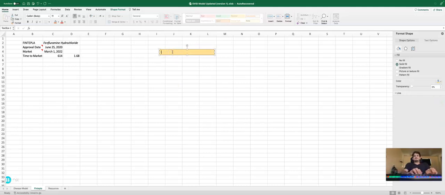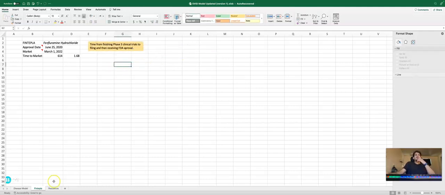Okay, so what we're going to need is the time from finishing phase 3 clinical trials to filing, and then receiving FDA approval. So we're going to have to know that timeline, and the reason is that this is going to have to go into our DCF model, which we're going to do in a bit.